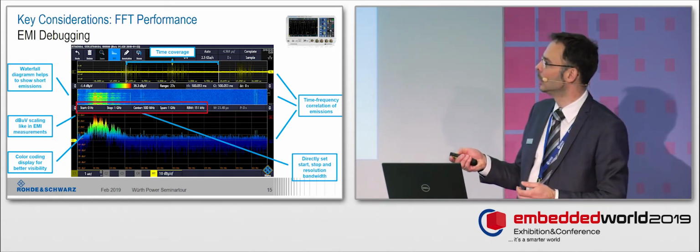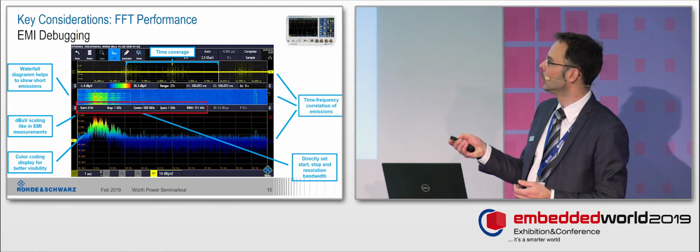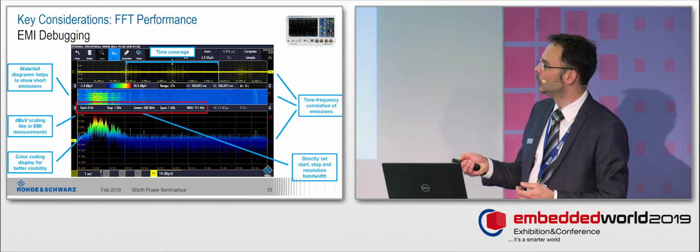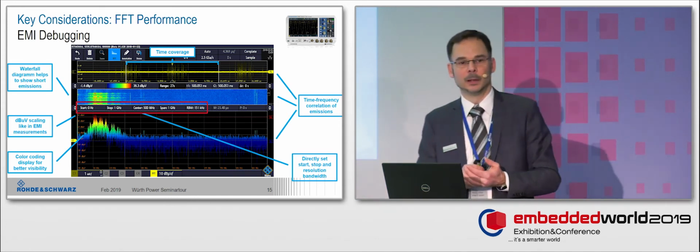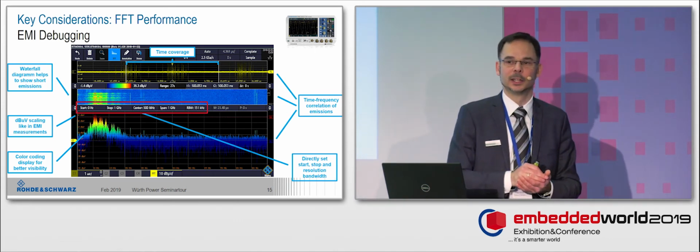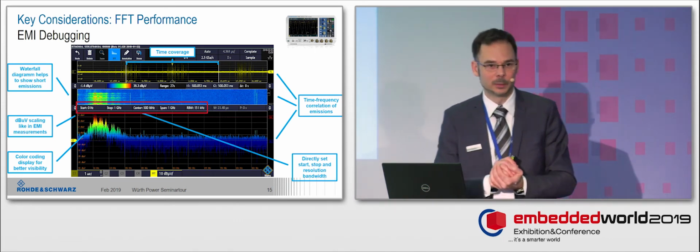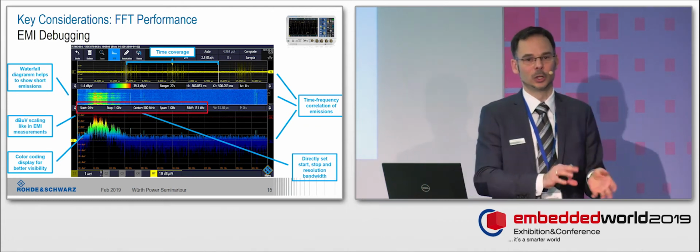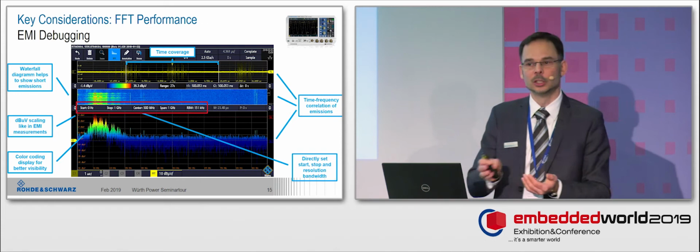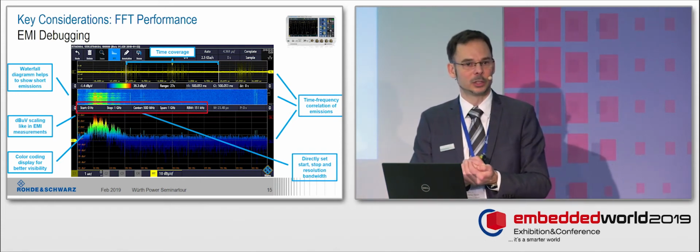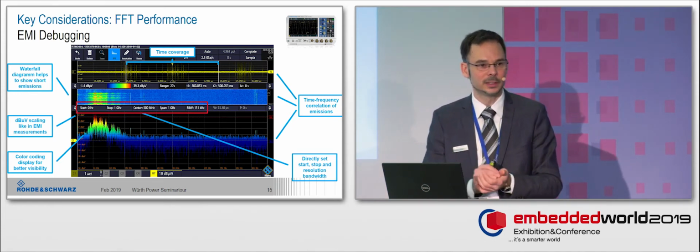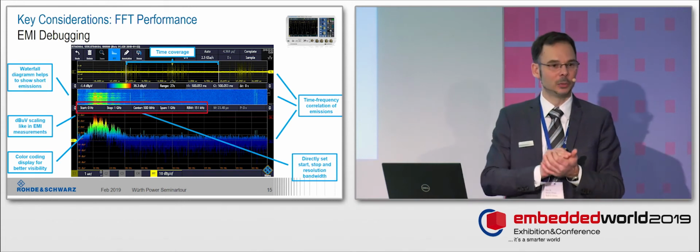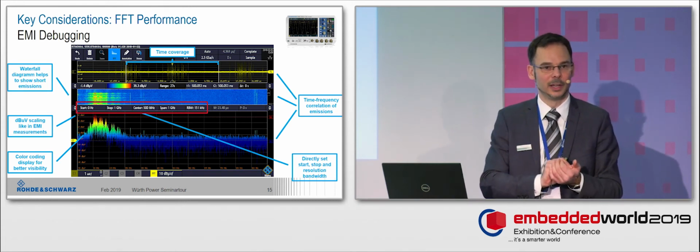You can directly enter the start-stop frequency and the resolution bandwidth, and you can also use the units that are usually used in EMI compliance measurement, which means that you can do a measurement that is kind of comparable. It's not an EMI compliance measurement. That's not possible with an oscilloscope for many reasons, but it gives you an indication where you are, and this is the important thing.